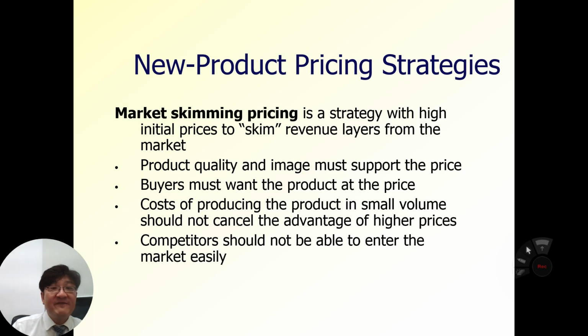Even if your charging price is high, your cost is also high. Your profit sometimes is not going to be enough, because even if you have a high price, your cost is also high, right? So you end up with low profit. You need to think about that.